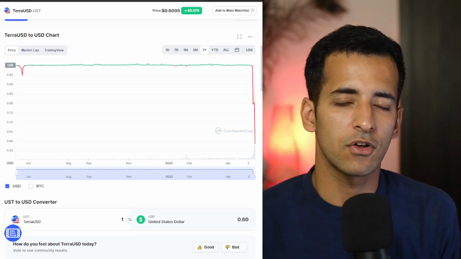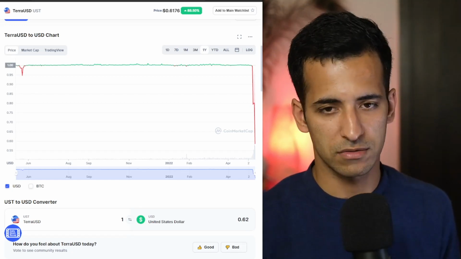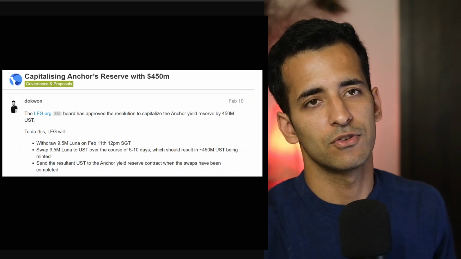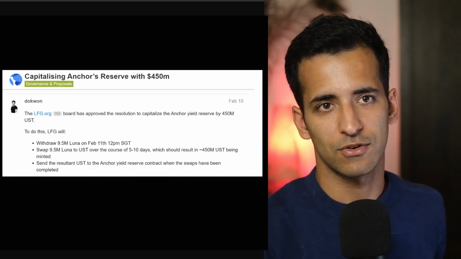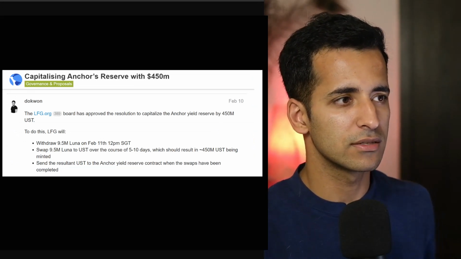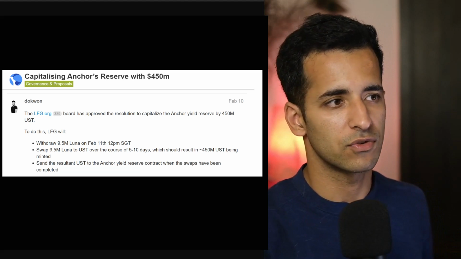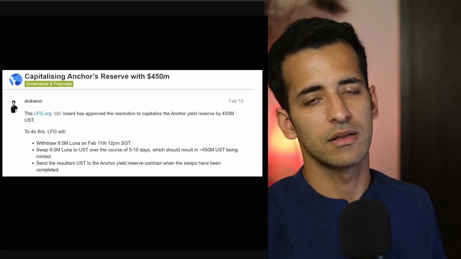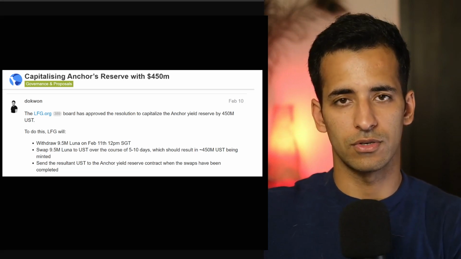There is an entity called the Luna Foundation Guard. It's like a non-profit which oversees Terra's whole multi-billion-dollar ecosystem. To keep giving 20% APY to their depositors, or stakers, what they do is take the LUNA deposited in their treasury, sell it in the market, take USD, and distribute it to the audience.